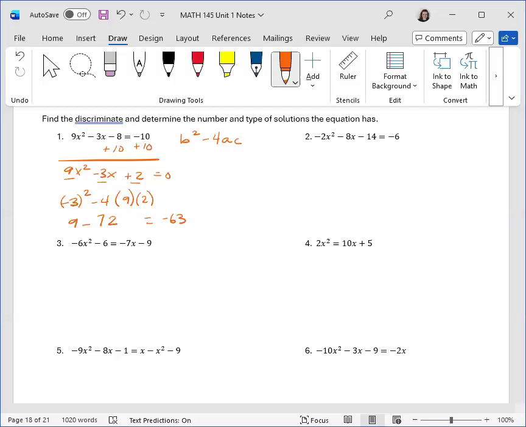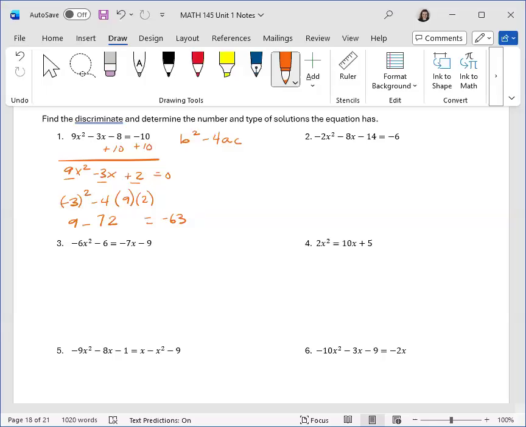So this parabola is not going to touch the x-axis at all. And then if I think about taking the square root of 63, the 63 is not a perfect square. So I am going to have an answer that has a square root in it. So it's going to be an irrational imaginary number.